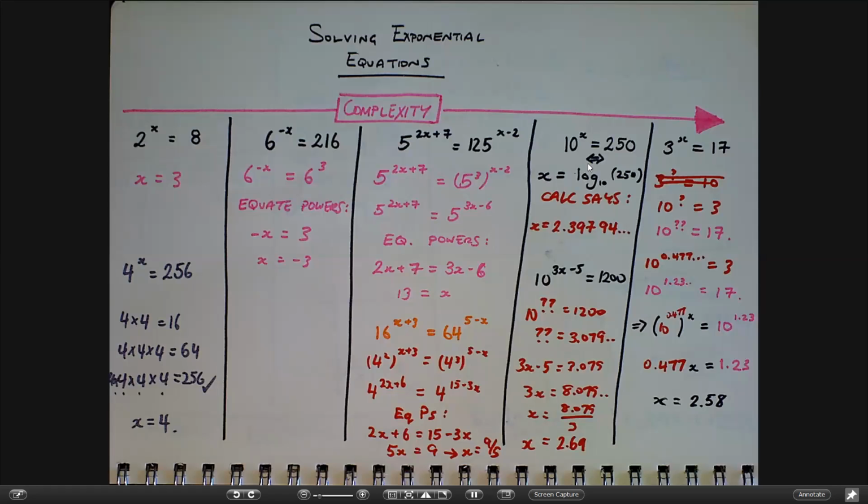And then very last case, when you don't even have a power of 10, you don't have a nice base, everything's ugly, everything's horrible, what you want to do is write both of these bases as powers of 10. You do that using the log method from before. And once you've done that, you rewrite them and then you can equate powers.